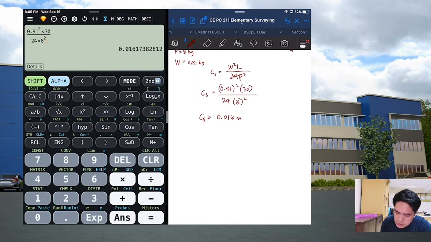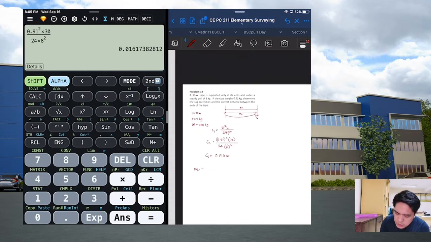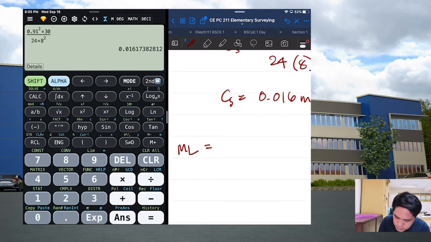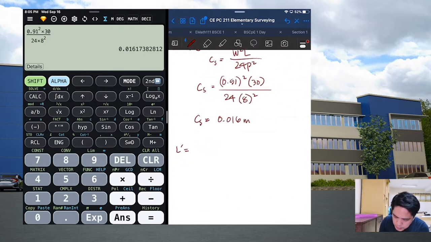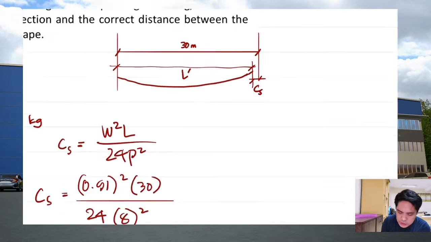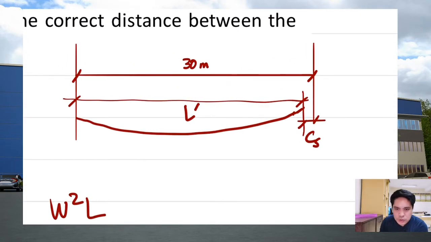So therefore, the measured length na, or instead of using measured length, that's the corrected tape length na lang. So let's call that L prime. So for L prime, that would be equal to 30. So what would be our consideration for this? That's 30 meters, of course, minus. Because if it's sagging, kung nagsasag siya, the tape becomes too short, di ba?